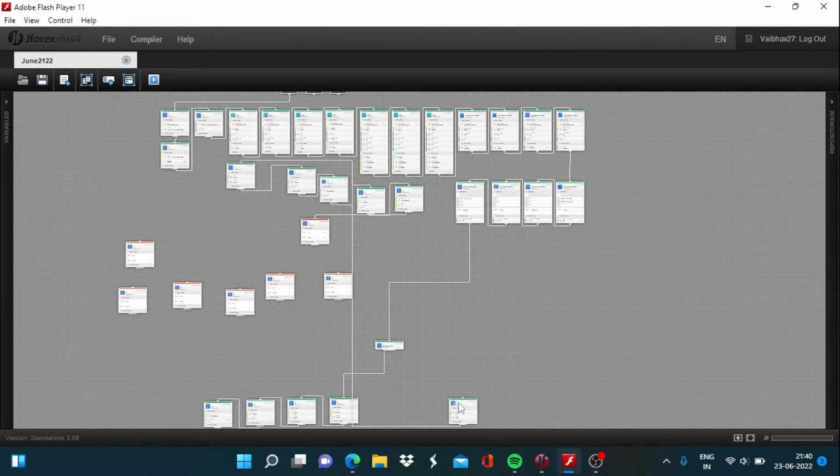Let's get this blocks where we have defined the conditions on the lower side.